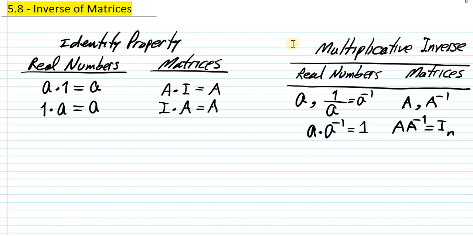A times A inverse would be the identity matrix, I_n. And also if you do A inverse times A, in this case, you also get the identity matrix. So pre or post multiplying the matrix and its inverse is allowed in this case.